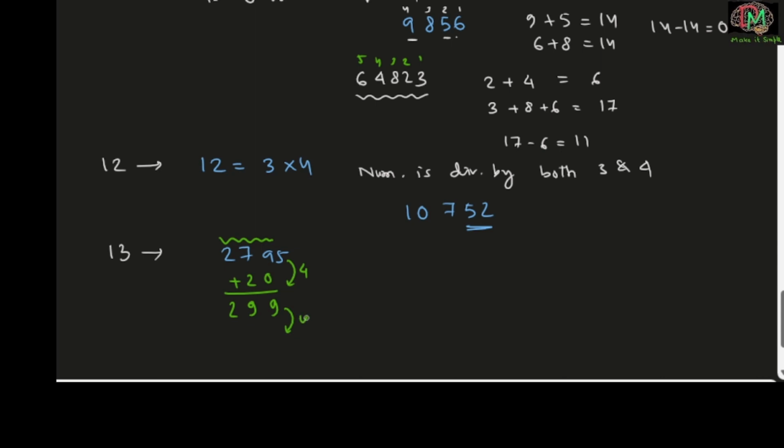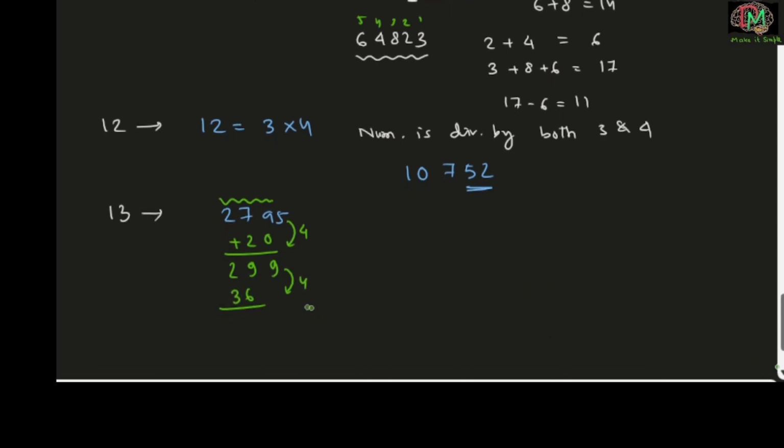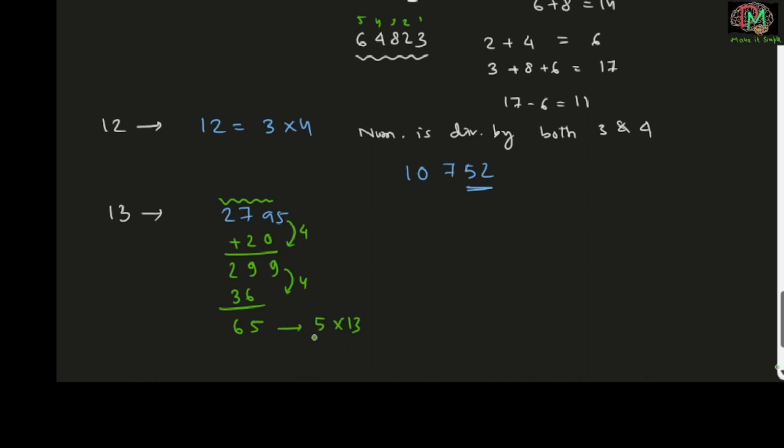Again multiply the last digit 9 by 4, that is 36, add 29 and it will be 65. 5 into 13, this 65 is a multiple of 13. So you can say that this given number is divisible by 13.